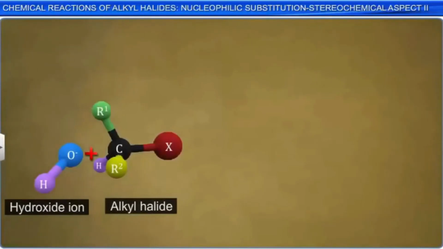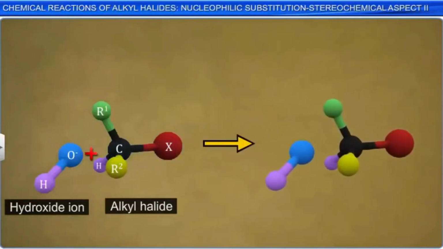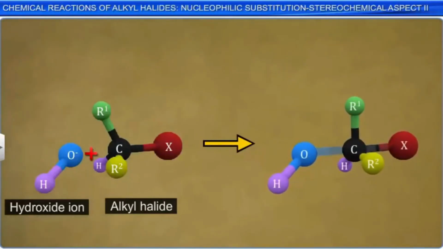Here, the nucleophile attacks from the direction opposite to that of the leaving group, which is also known as a backside attack. In this process, the displacement of the leaving group from the carbon atom of the substrate and the formation of a new bond with the nucleophile take place simultaneously.